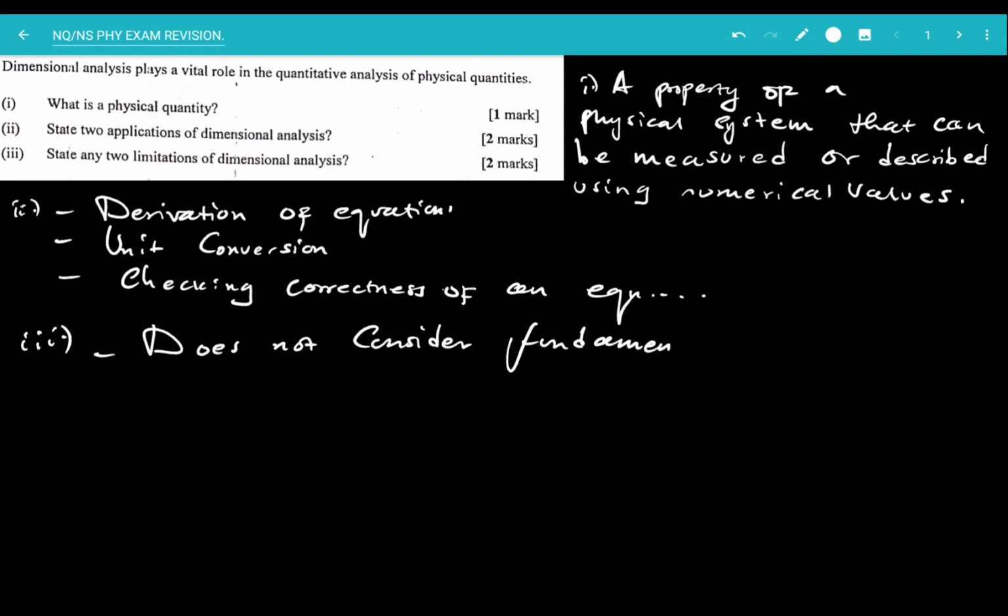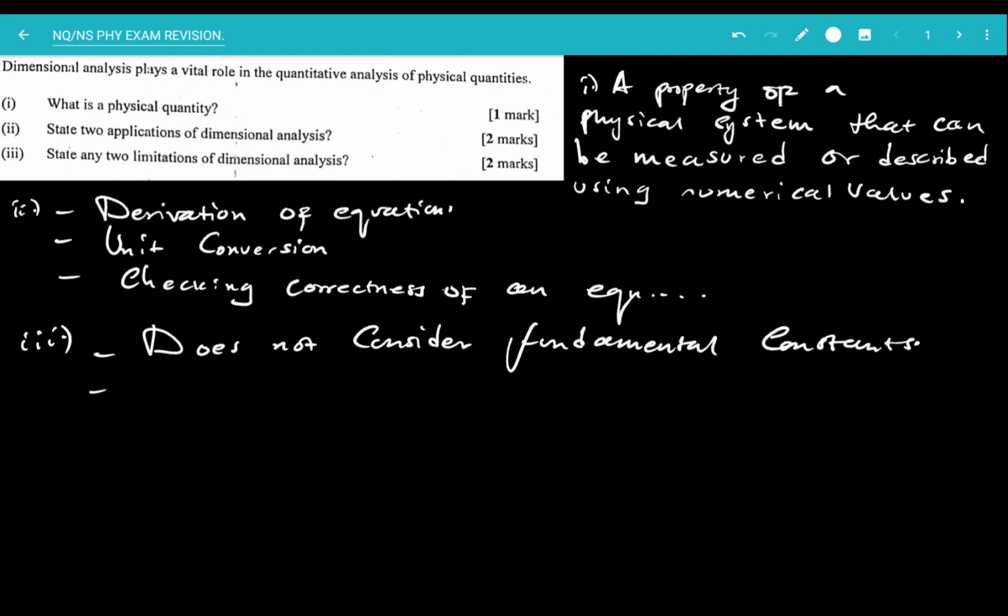When we say it does not consider fundamental constants, what I'm trying to say is that if you look at constants that have an important impact on the physical system, like the speed of light or the Planck's constant, those constants are never considered. So in as much as they play a vital role in the physical system, they are not considered when it comes to dimensional analysis, and that is quite a limitation in our scientific calculation.